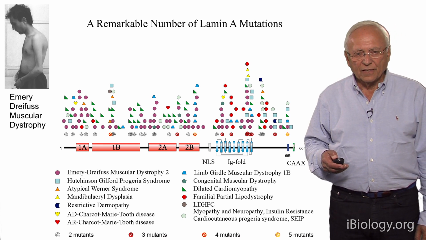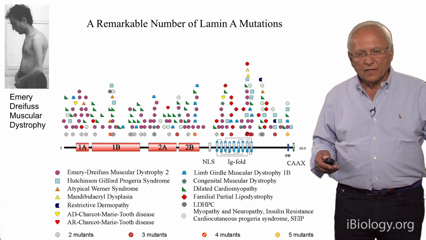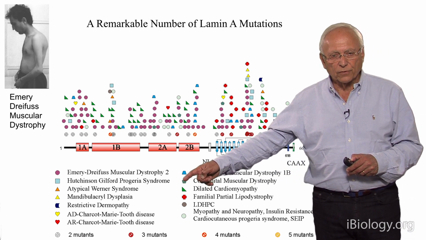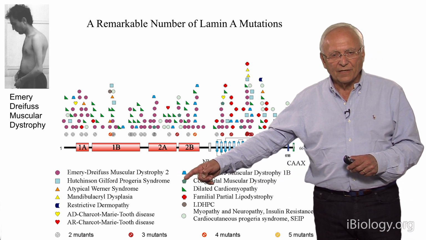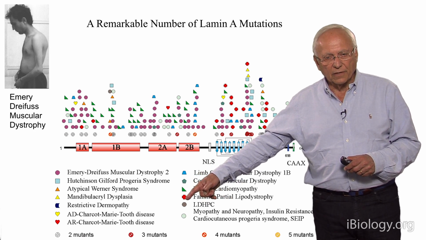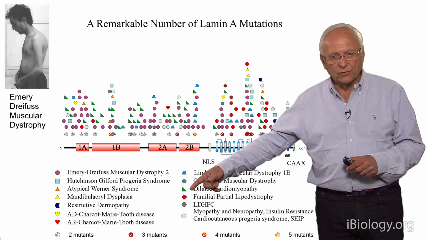in the entire human genome, that causes many different diseases. And included in these diseases, as you can see on the left, is the human disease Hutchinson-Gilford progeria syndrome, which is a premature aging disease of children. There are also forms of nuclear diseases of neuromuscular junctions called Charcot-Marie-Tooth disease.